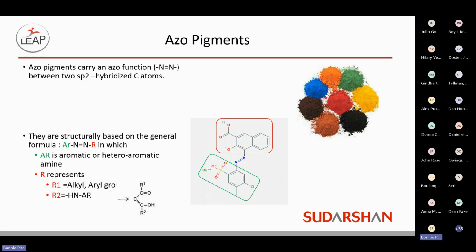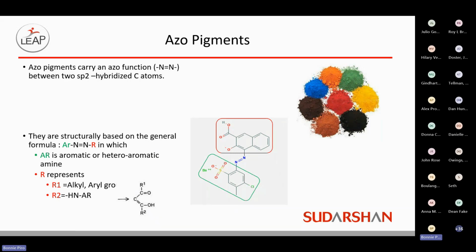The azo pigments have that unique function right in the middle of the crystal. The structure of them is shown here, where you have one structure coming in from the amine that starts the structure.